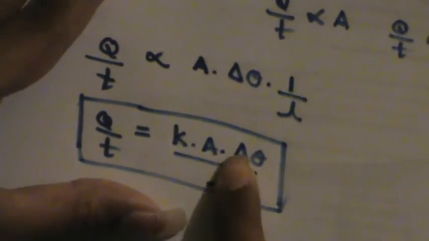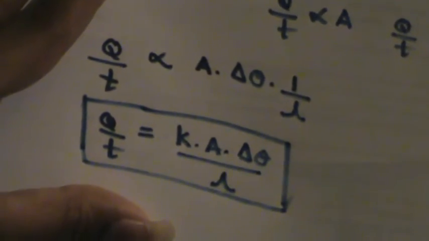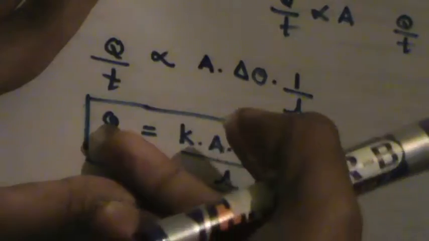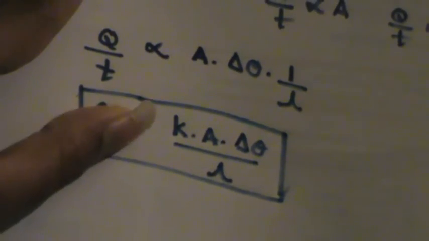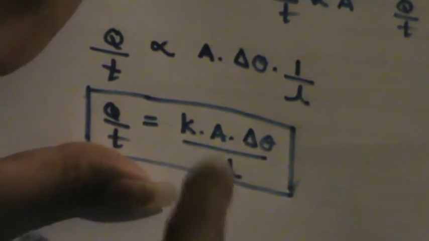K actually differs. Say you are giving the same Q by T value here, taking the same cross section, if you are taking two rods like this. If you put the same energy within the same time, Q by T is constant for these rods.